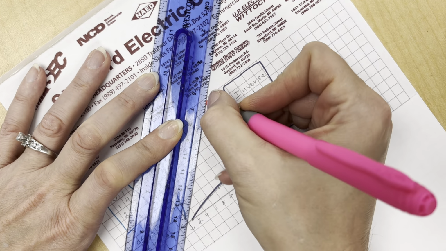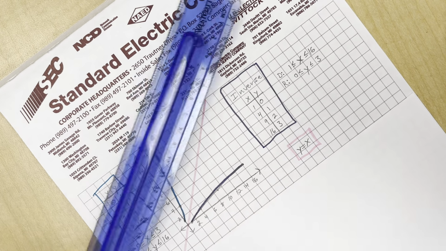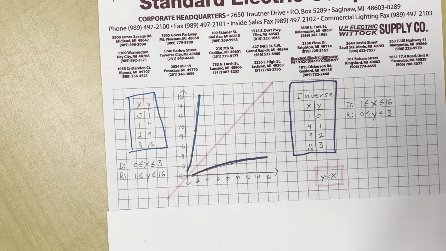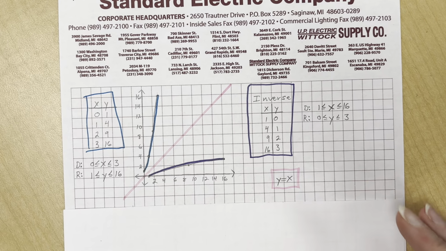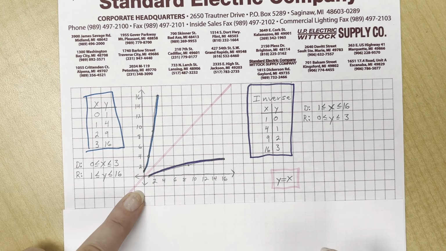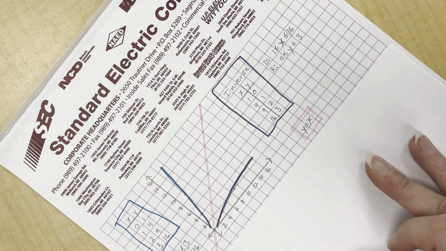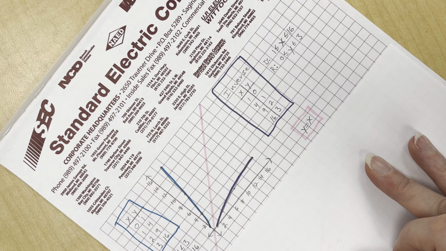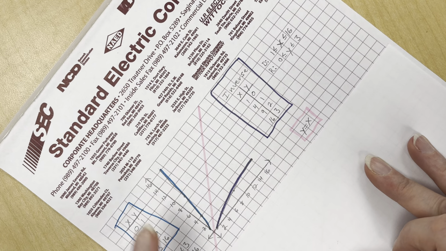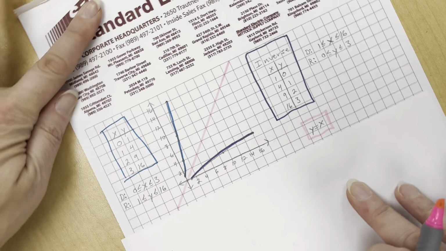All right, ladies and gentlemen, that is the line of y equals x. And if you look at that, check it out. That also happens to be a line of symmetry between these two graphs. That is always the case. So visually, if you're wondering, do I have inverses here?